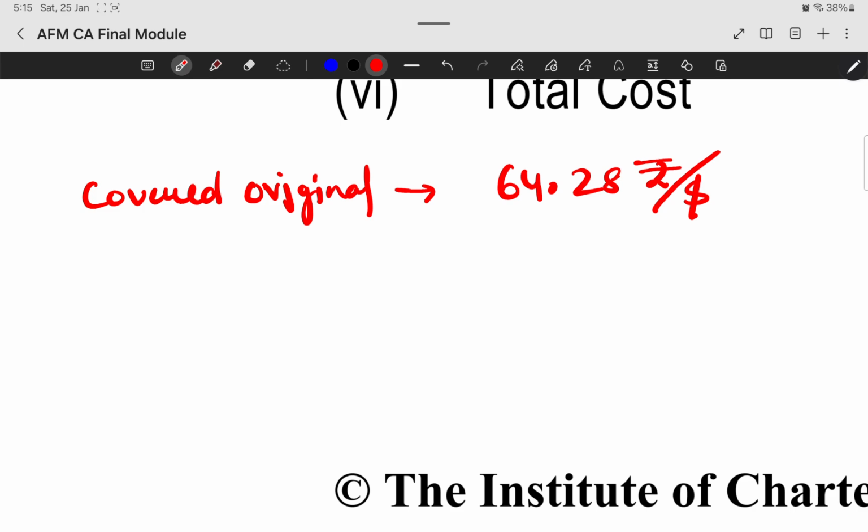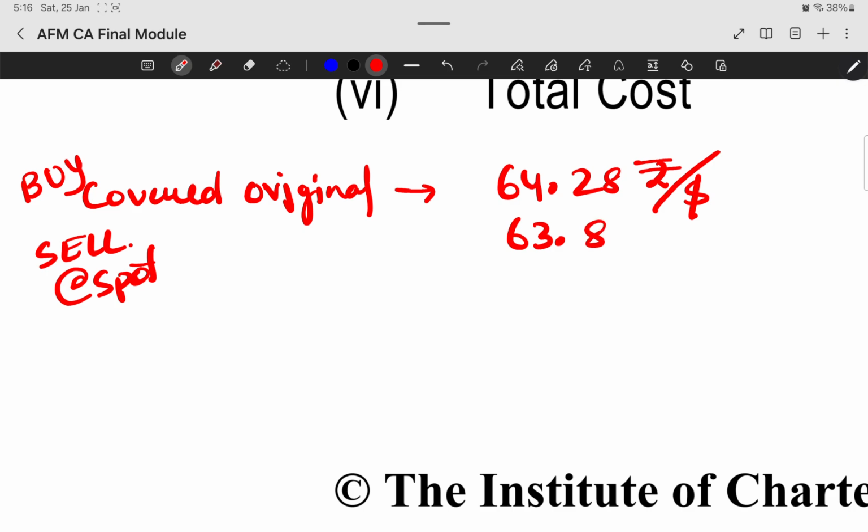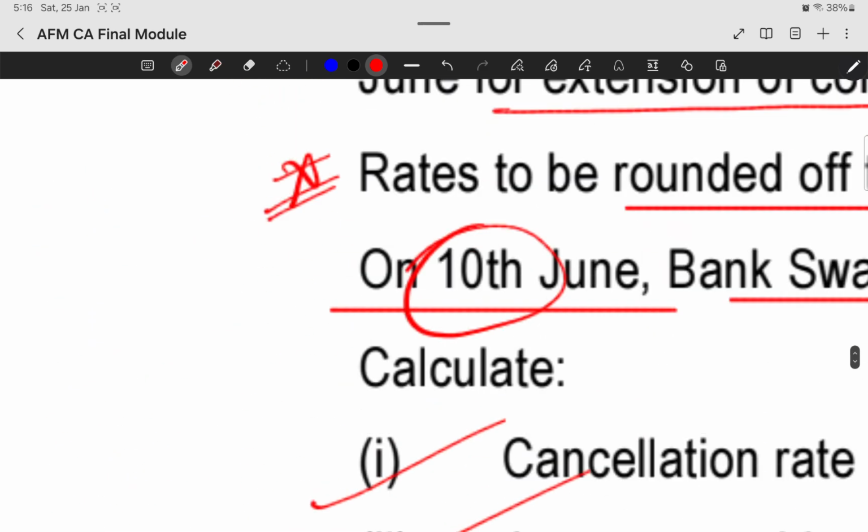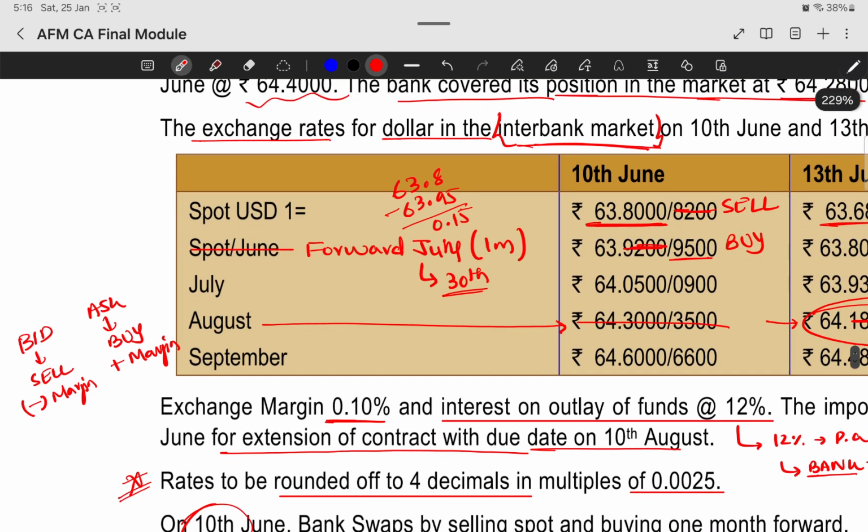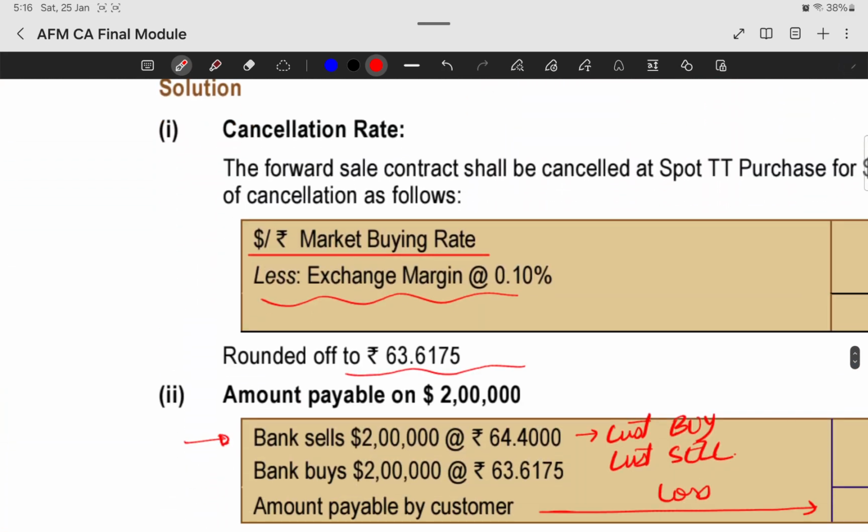This was the buy rate. Now you sell at spot. At what rate? 63.8, I think this was the rate. You are selling at spot at 63.8.